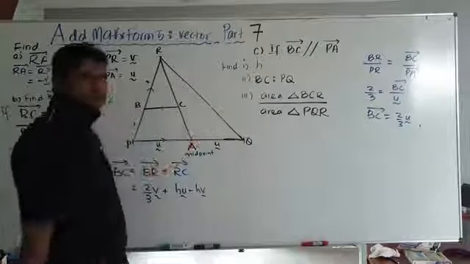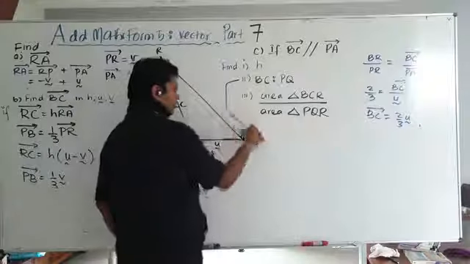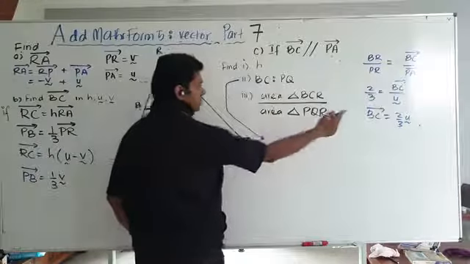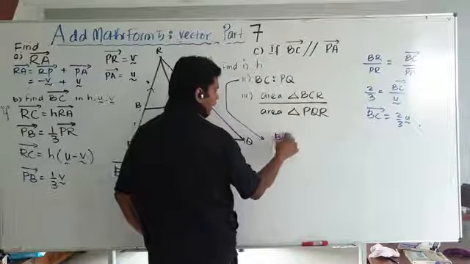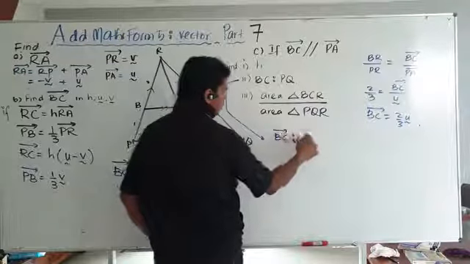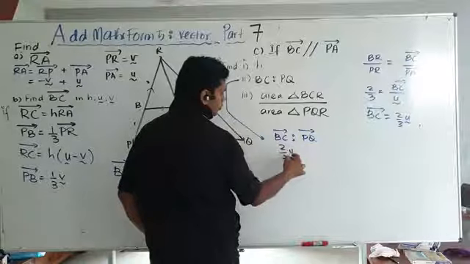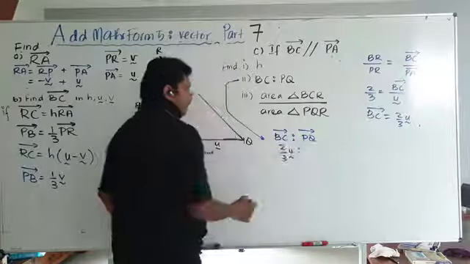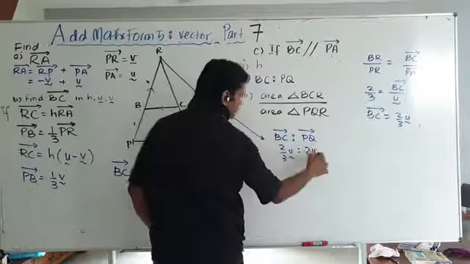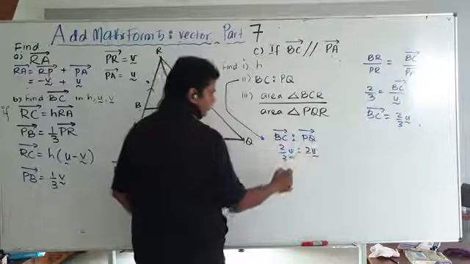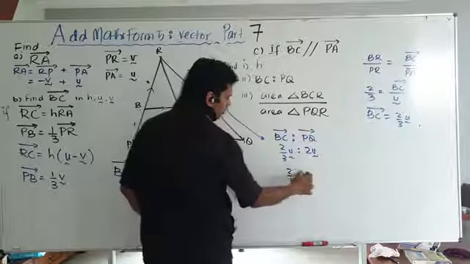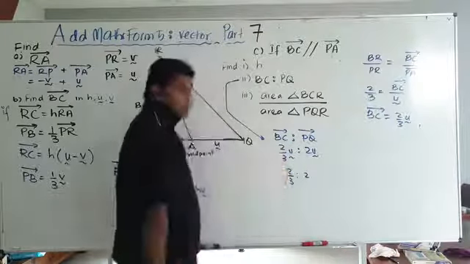So BC ratio PQ is 2/3u over 2u. So u cancels off. You get 2 over 3.